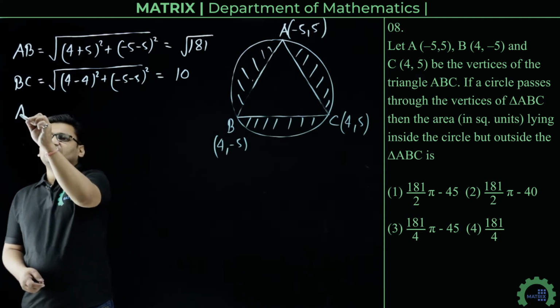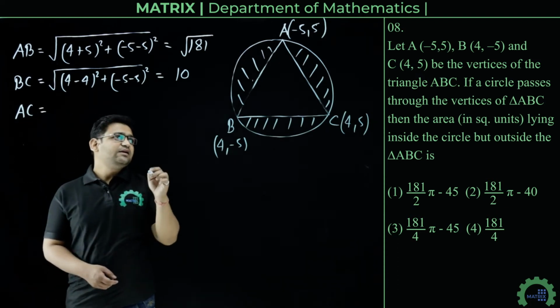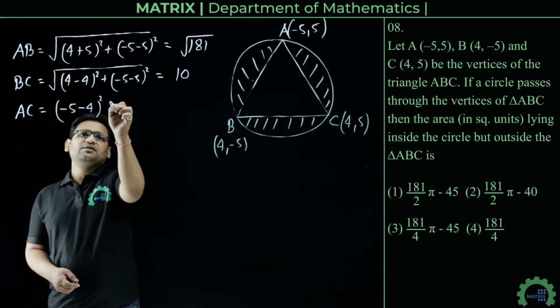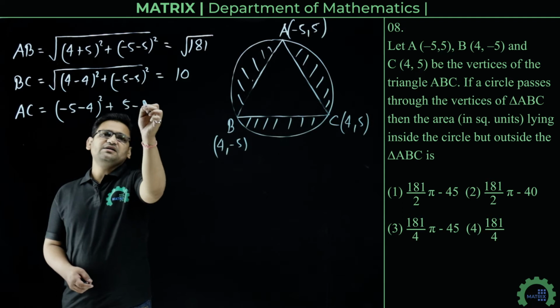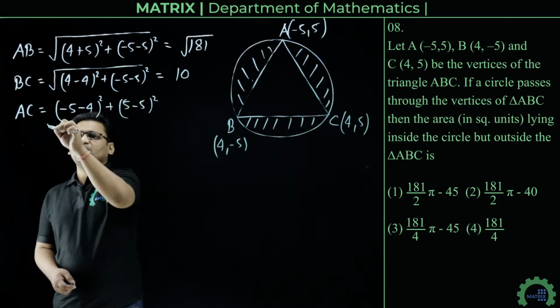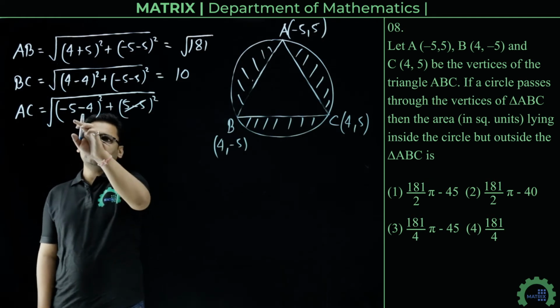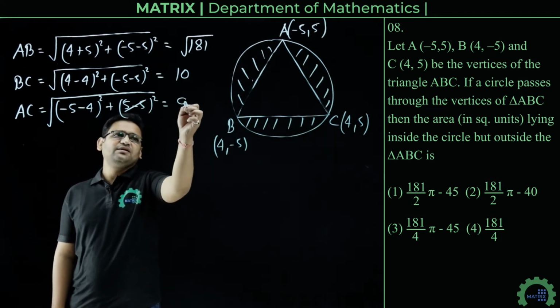And the length AC is the square root of (minus 5 minus 4) square plus (5 minus 5) square. So again 5 minus 5 cancelled, and the square root of 9 square is 9.